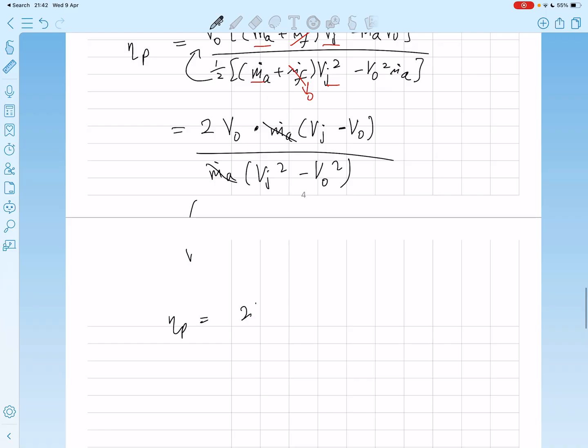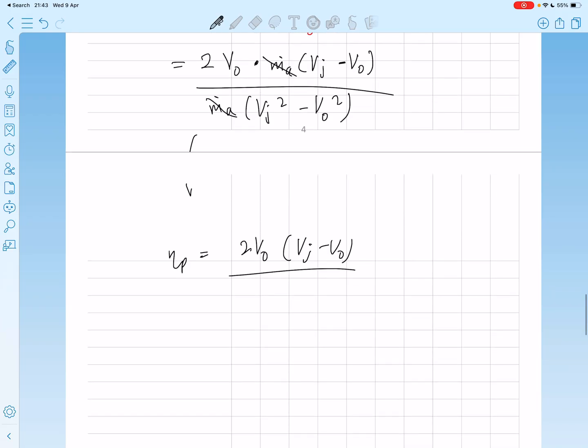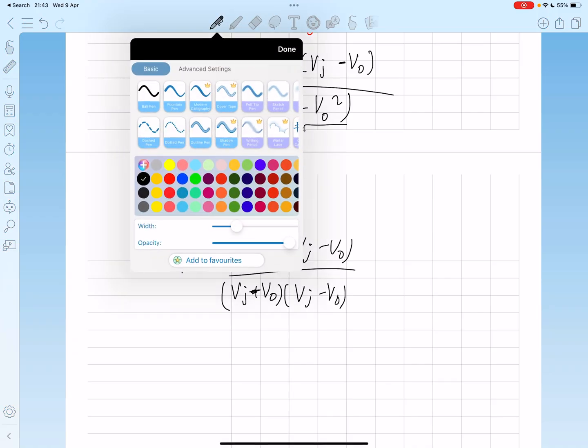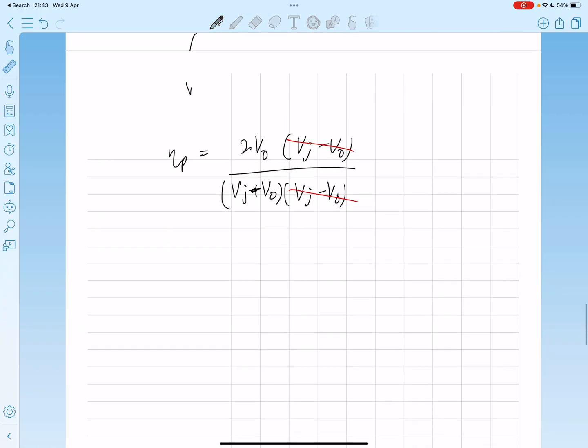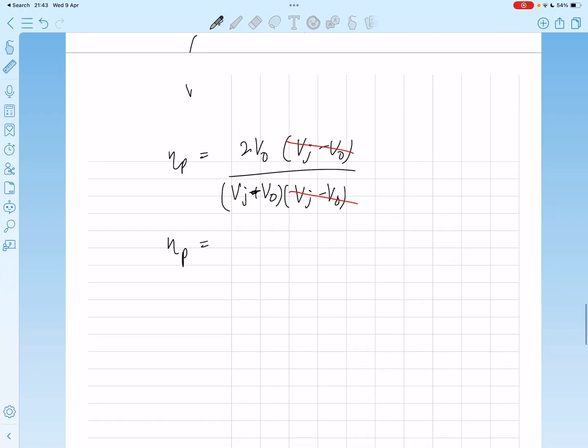MA, we're left with 2VO, VJ minus VO. Now this is a difference between two squares, we can factor that. These two cancel. So we're just left with 2VO, VJ plus VO. We can divide by VO to simplify further. Plus 1.